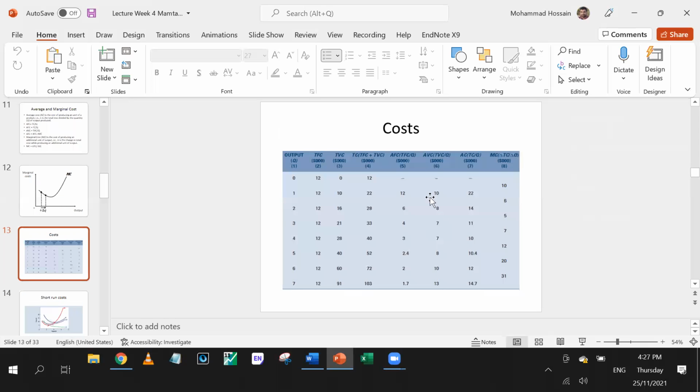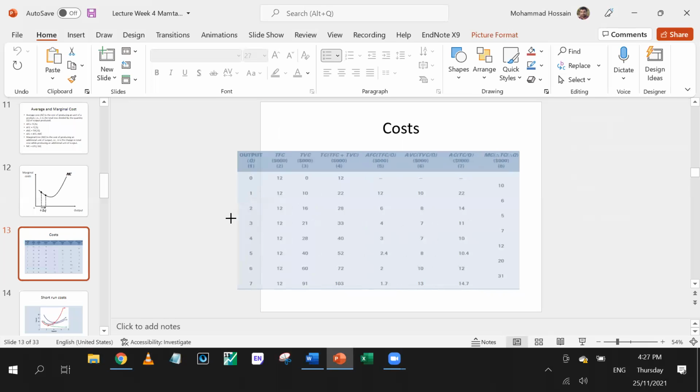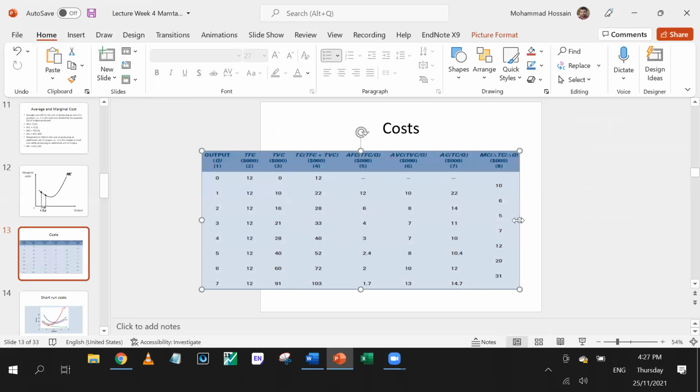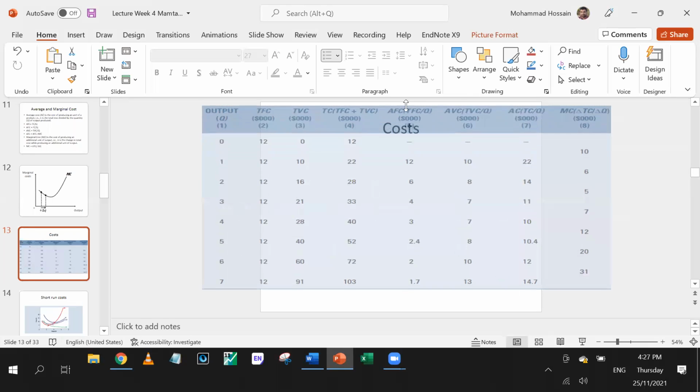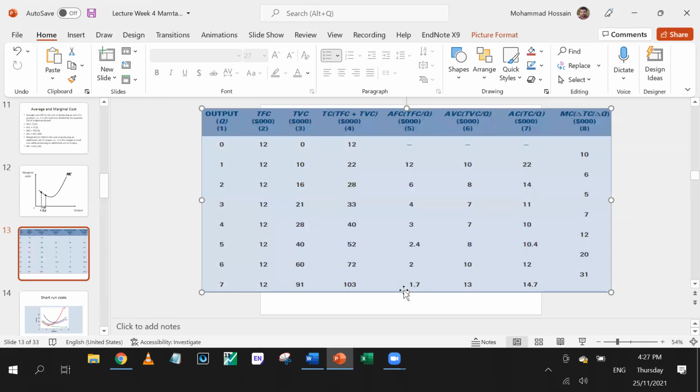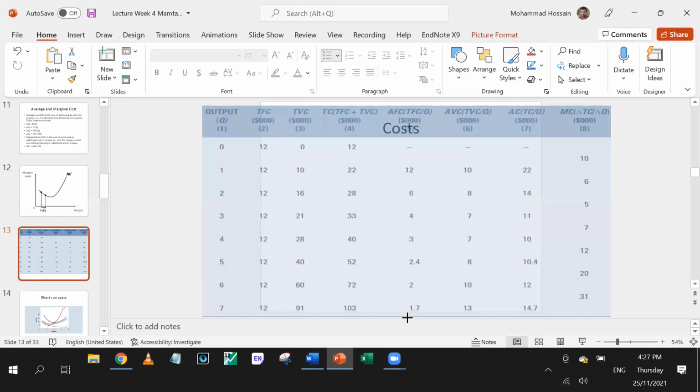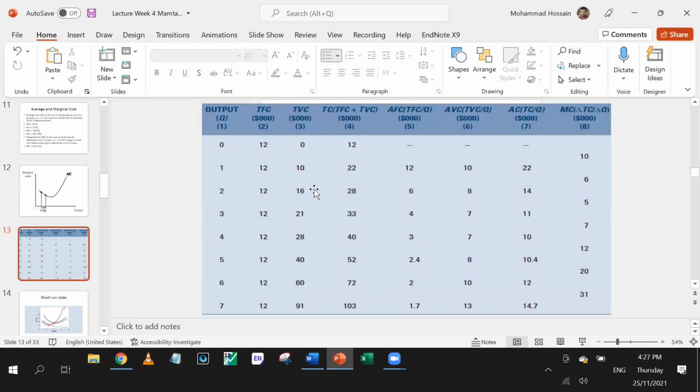And here I think we have a graph about costing. Let's make it bigger and show you what it says. Here they showed different calculations.